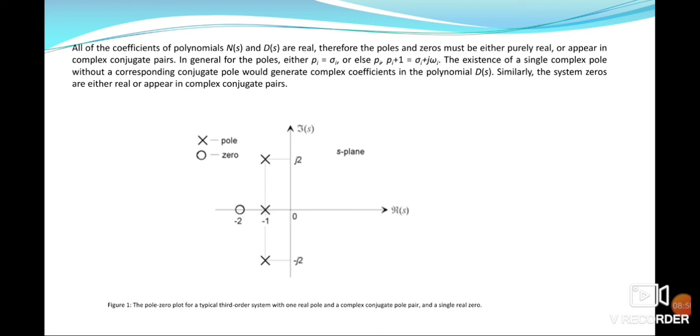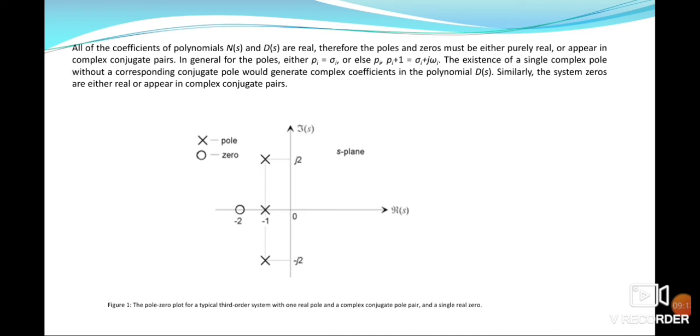For writing it in sigma plus j omega format for this pole, the real part will be the sigma value, that is sigma is here -1, and for the j omega value we will see that it is coinciding with j2 on the second quadrant. So for omega we will write 2.